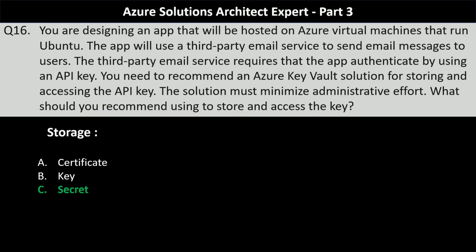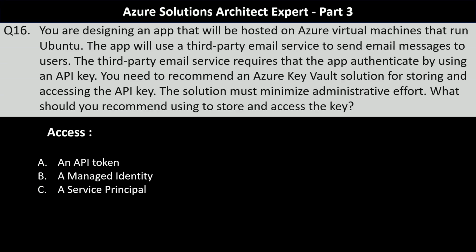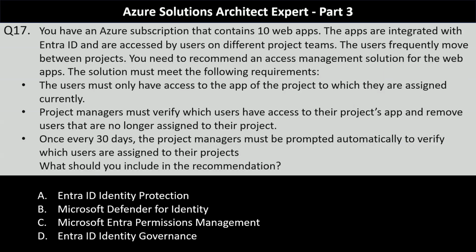Now the next part of the question is access, whether it needs to be an API token, a managed identity, or a service principal. And folks, you should use managed identity for the virtual machines. Managed identities allow your app running on the virtual machine to securely access Azure Key Vault without needing to manage credentials manually.